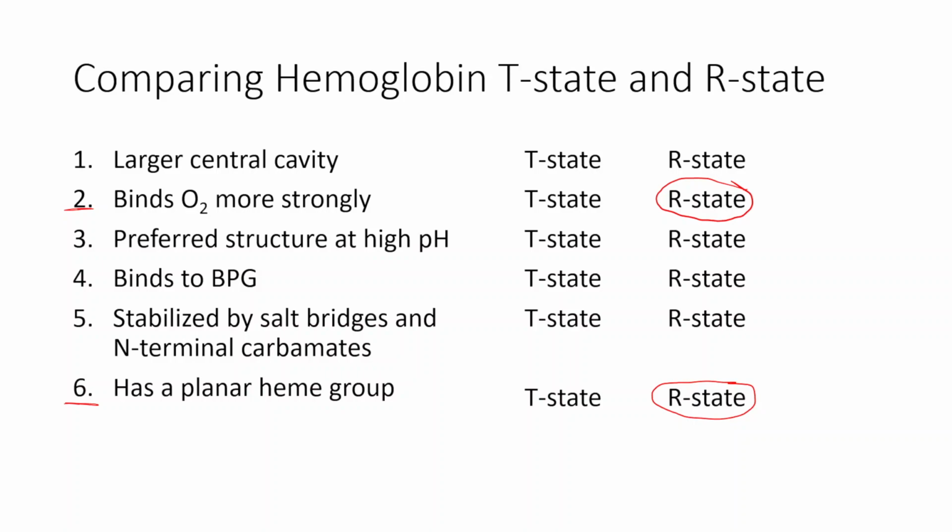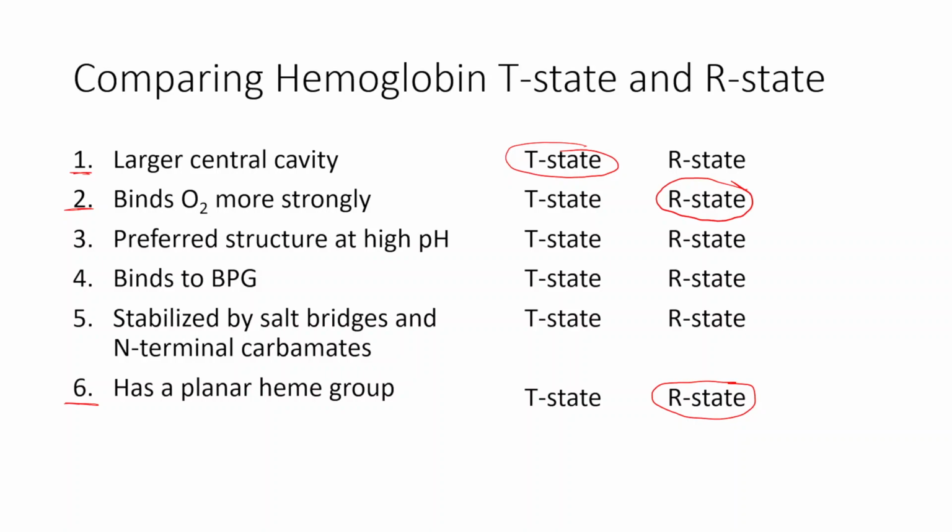All right, so then let's talk about which one of the T state or R state has a larger central cavity. Yeah, the T state. So the T state has a larger central cavity. And what goes in that central cavity?